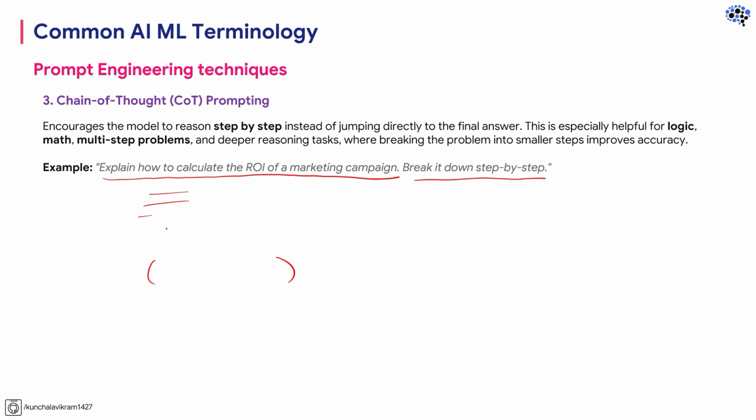So it will give you all the reasoning, and then it will give you the final answer. This is especially helpful for logic or mathematical questions, multi-step problems and deeper reasoning tasks, where breaking the problem into multiple steps improves the accuracy of the response that the model generates. So this way you can make the model think and give you step by step reasoning as well.